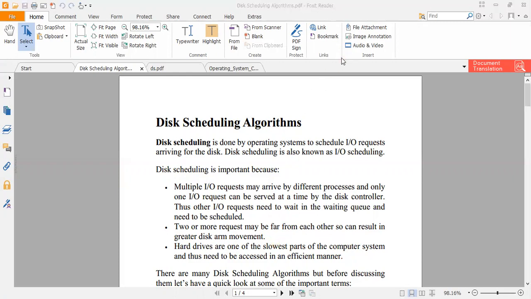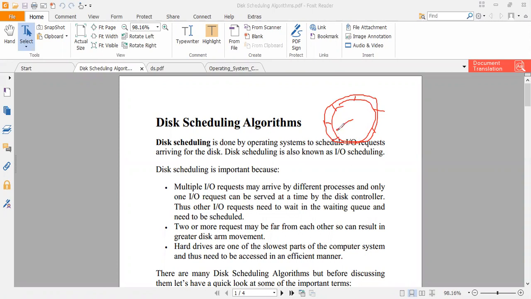For example, I'm telling you with some example. Suppose this is our disk and this is the disk arm. Suppose these are the tracks and these are the sectors and something like that. I'm taking just an example, so it's not an accurate figure.